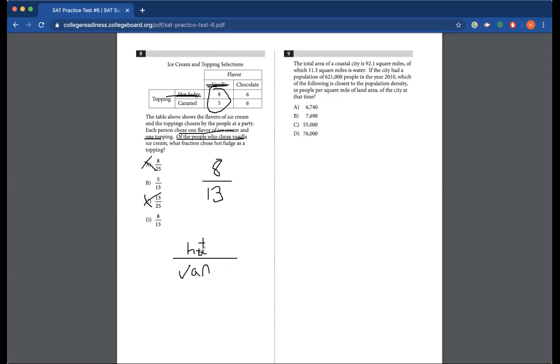Okay. So hot fudge is 8, vanilla is 13. We get 8 over 13 because of the people who chose vanilla. So that's all the vanilla users, and then you do hot fudge over that. So it's 8 over 13. We get D. Okay. You guys get that?